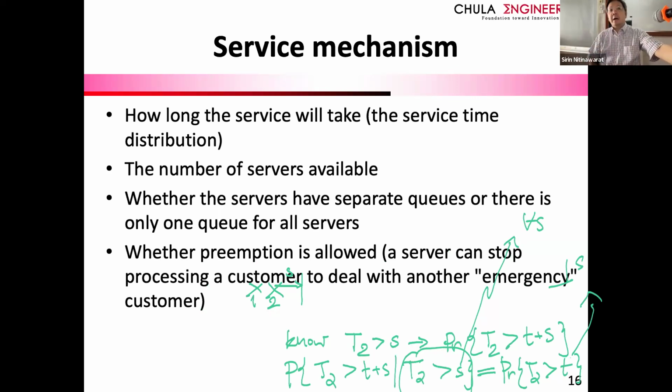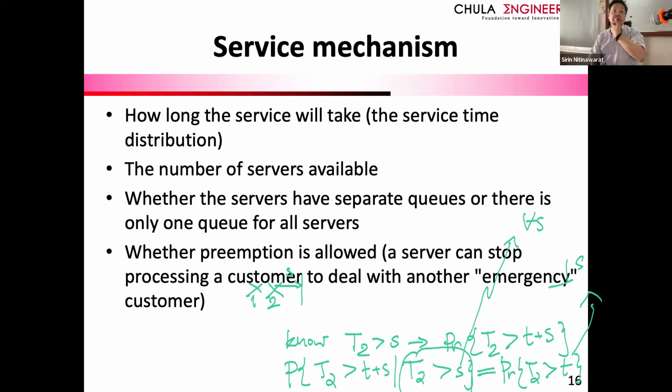There are other considerations we need to take into account when fully considering the service mechanism, like rare situations such as preemption, whether it's allowed or not, or some emergency situation where customers whose requests are more urgent will be serviced first.